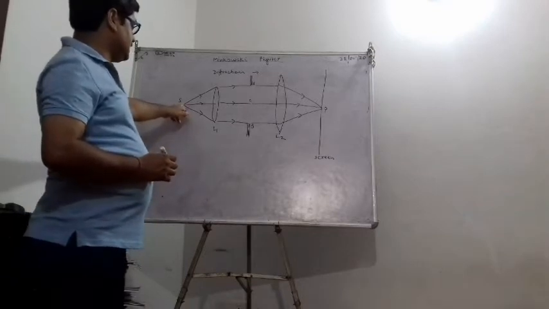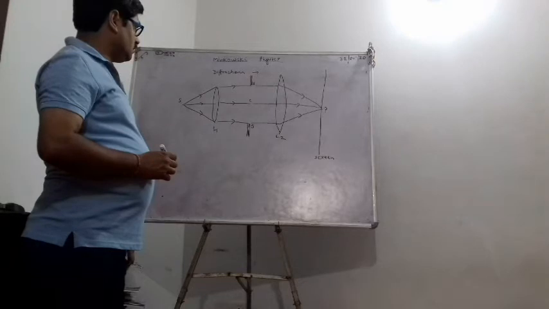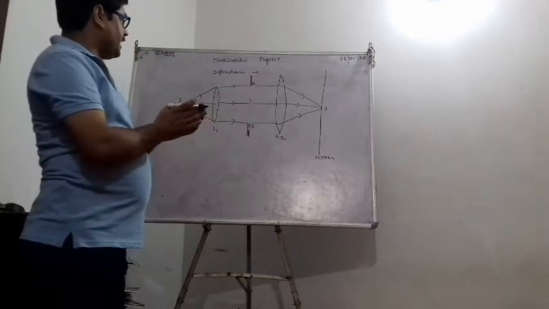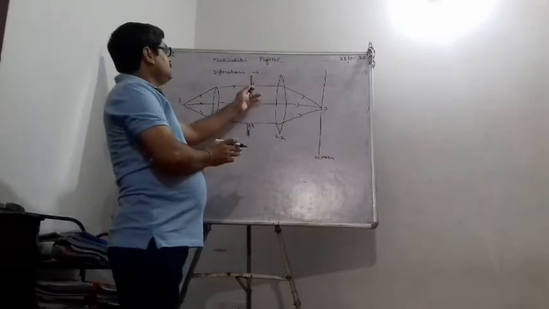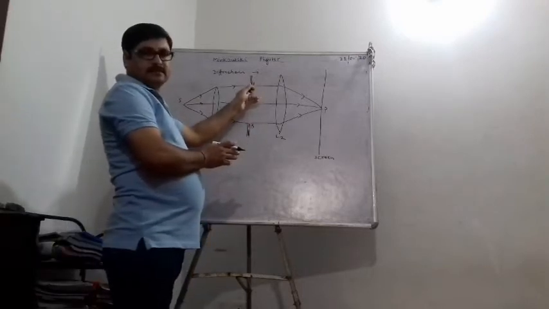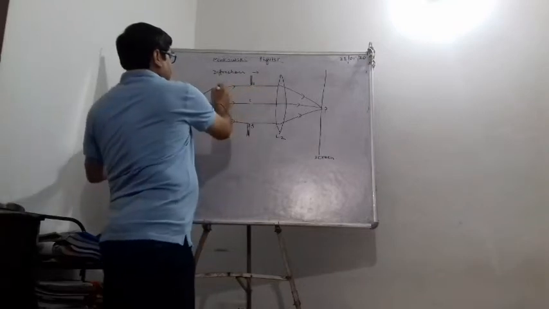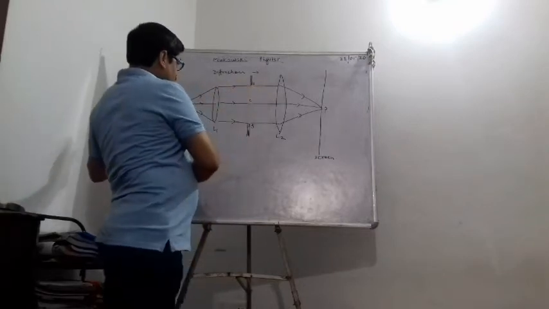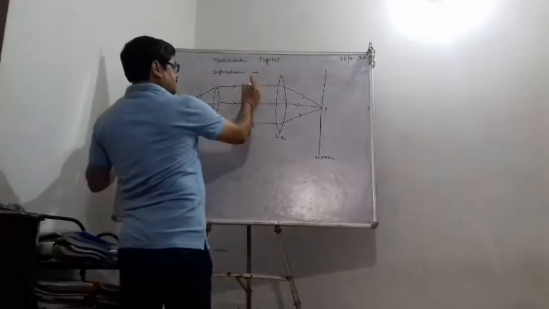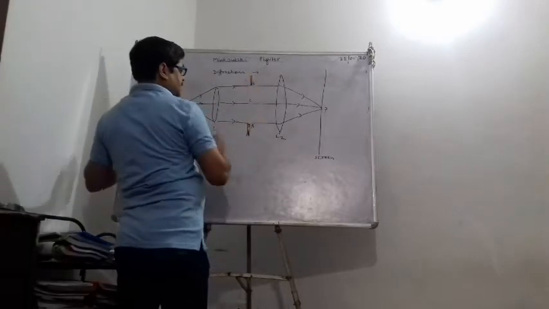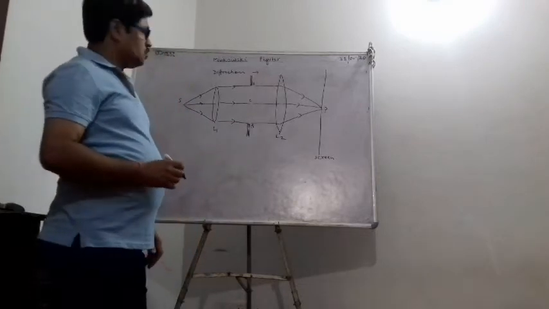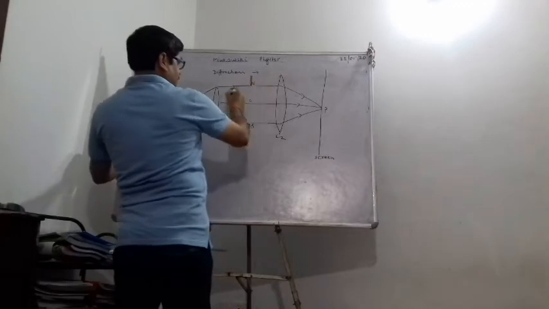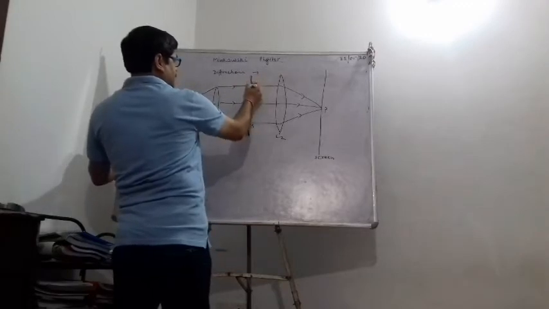The primary light source is this. So two lights interfere: one light comes from the source, and points A and B behave as the secondary source, giving the other light.